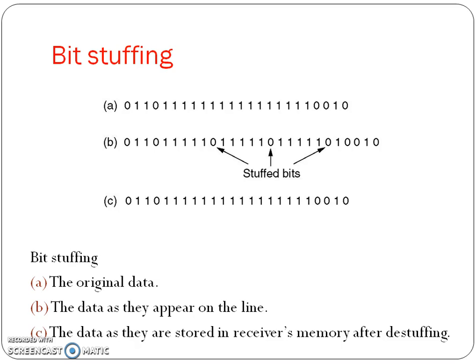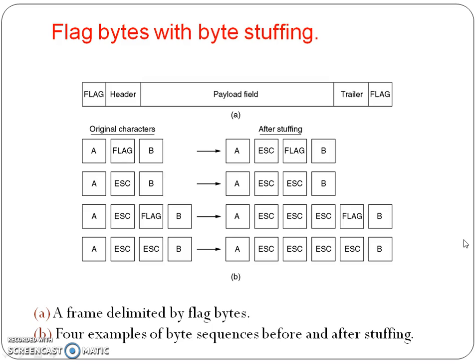Still, there is a problem, so we need to solve it. It may happen that a flag byte occurs in the data, especially when binary data such as photographs or songs are being transmitted. This situation would interfere with the framing. One way to solve this is to have the sender's data link layer insert a special escape byte just before each accidental flag byte in the data.